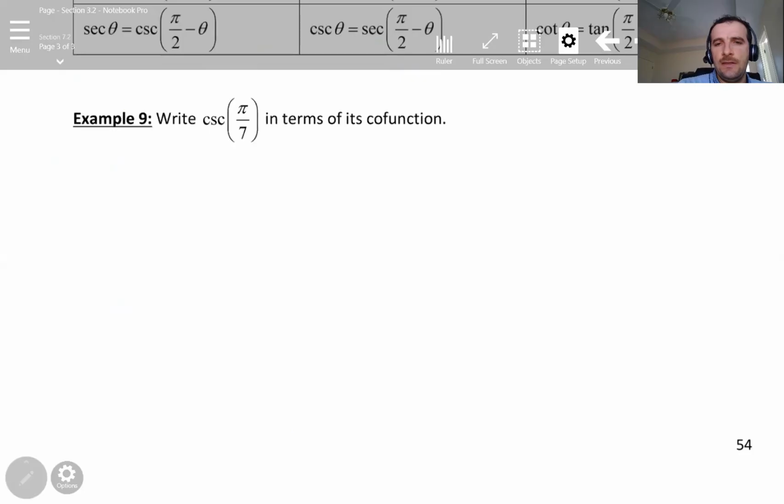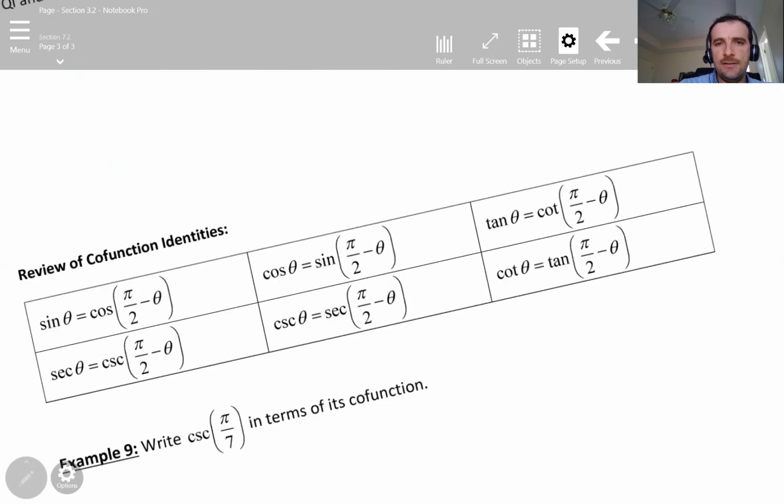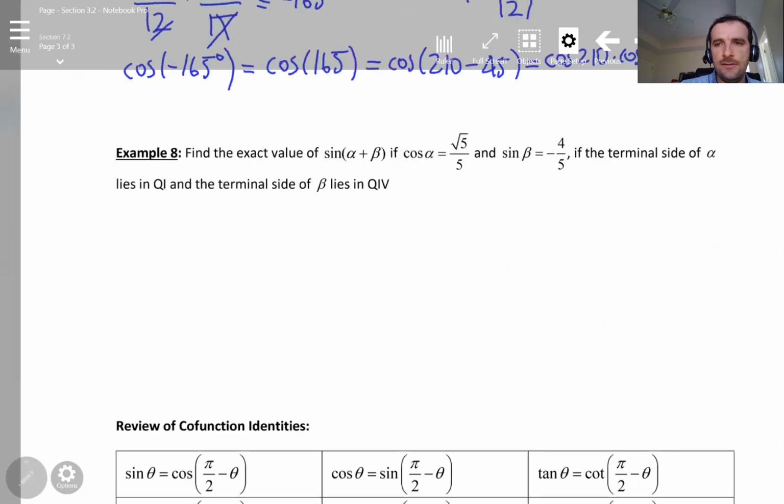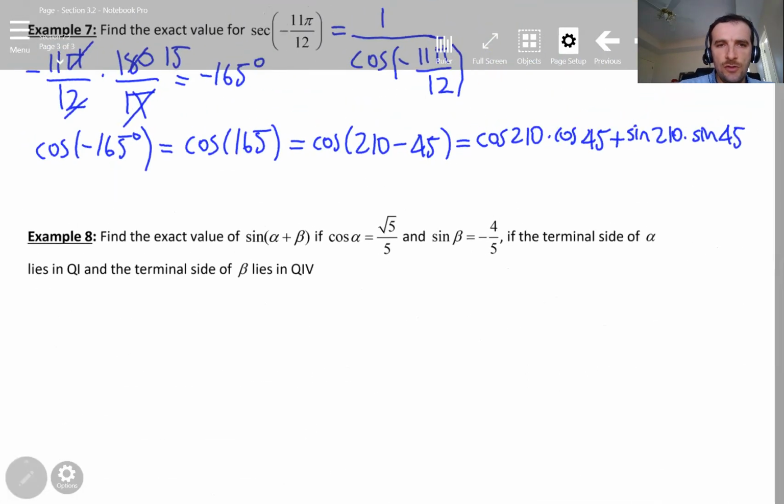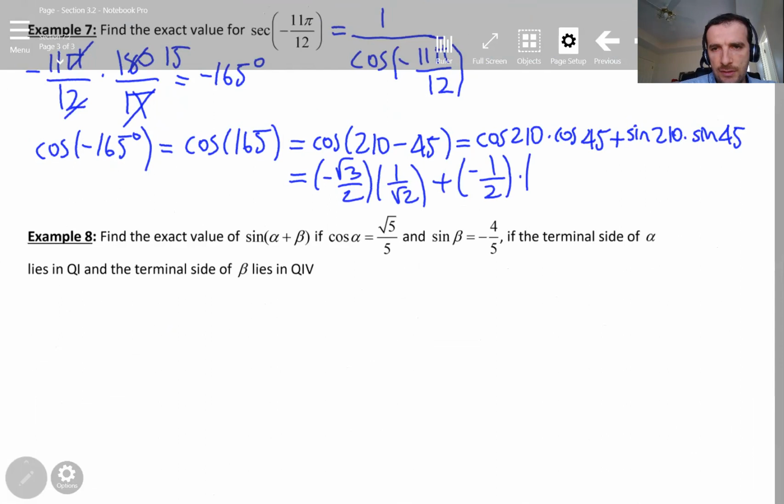So this is equal to negative root 3 over 2 times cosine 45, which is 1 over root 2, plus negative 1 over 2 times sine 45, which is again 1 over root 2.